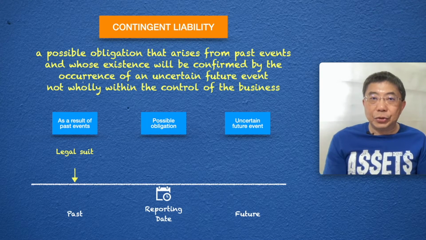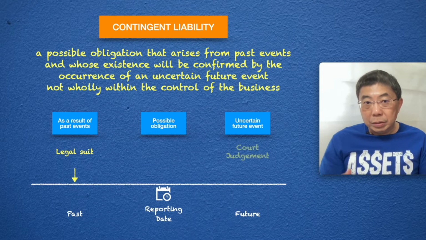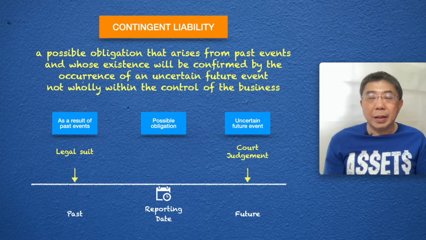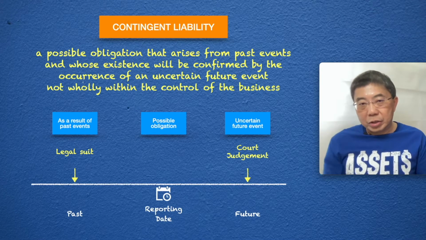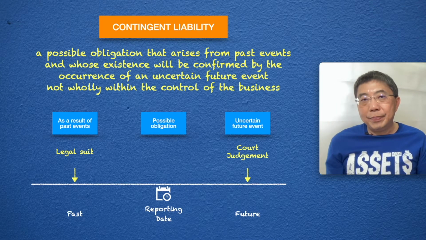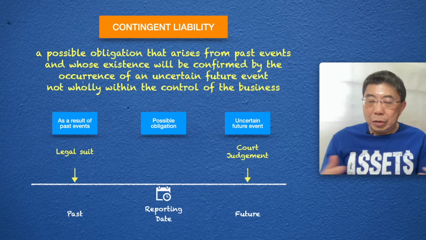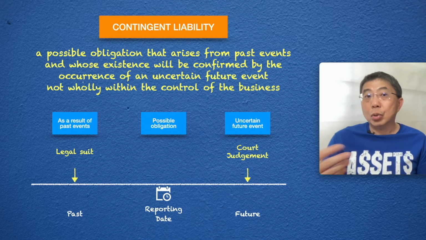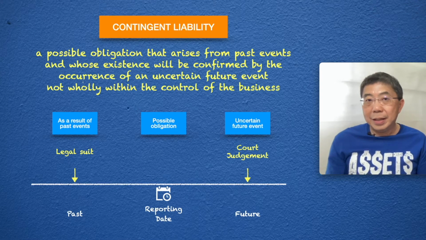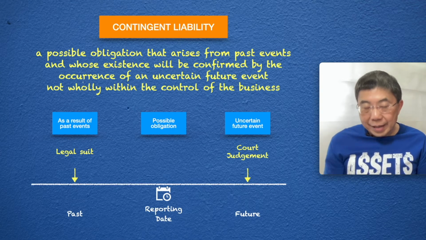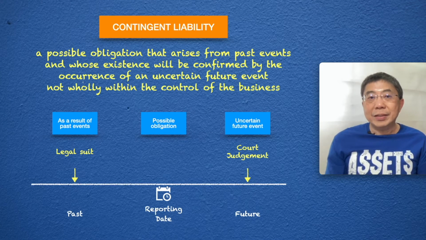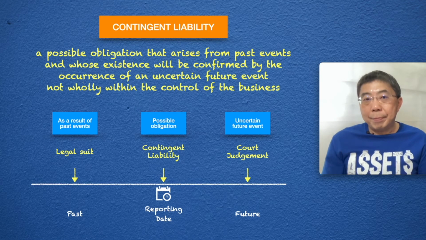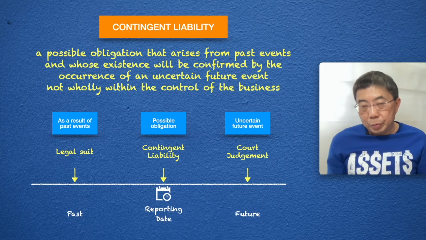Now, this legal suit is still being deliberated within the court's process, and the outcome is not known at the moment. So, as at the reporting date, the business does not have an obligation to compensate the customer yet. It all depends on the outcome of the court judgment.